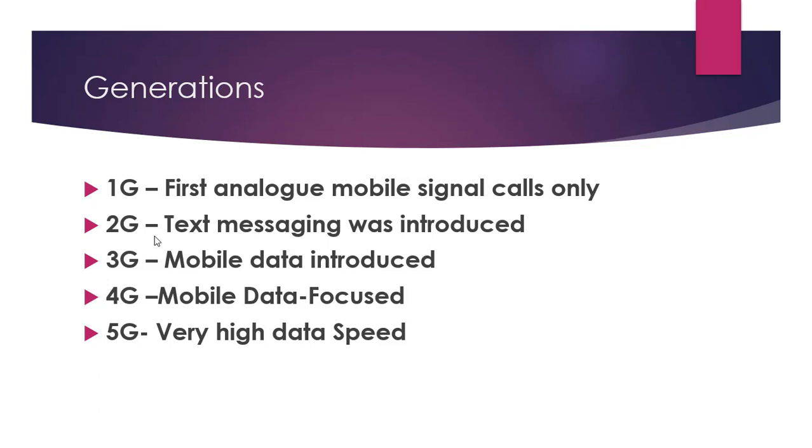In 2G, text messaging was introduced, so you can send SMS, or sometimes very limited support for MMS. Then the next generation was the internet age, where we get a speed of 2 Mbps, so we can do some basic mobile browsing tasks.